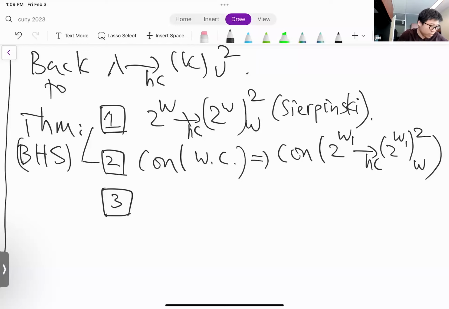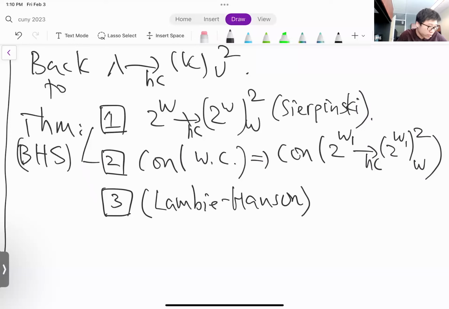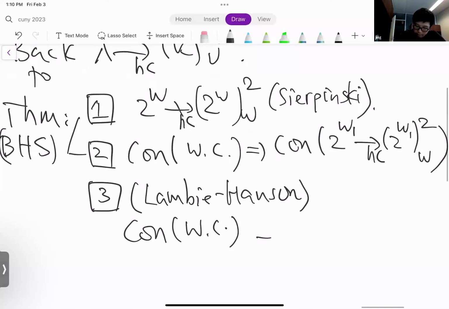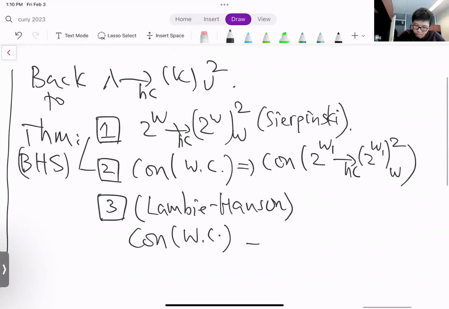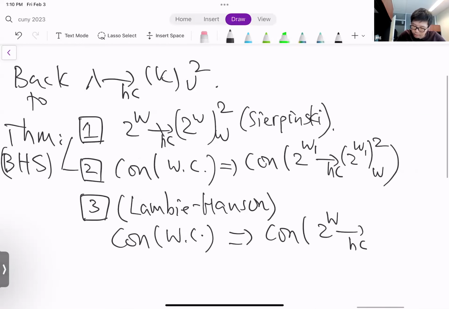So the third one is due to Chris Lambie-Hanson. So he proved that the first result is also sharp in the following sense. Assuming the consistency of a weakly compact cardinal, you can get the consistency of 2 to the omega arrow.